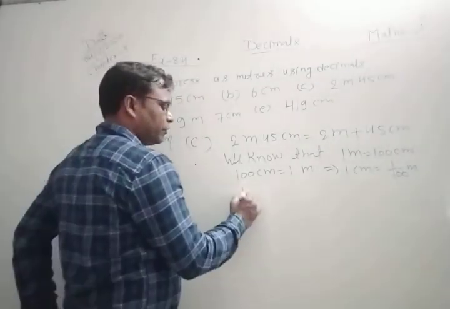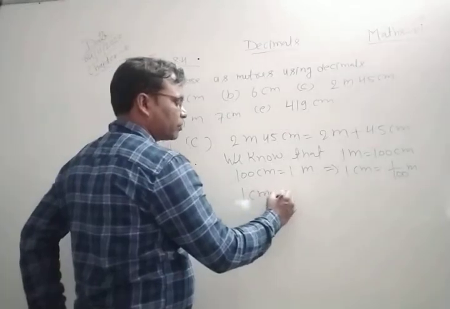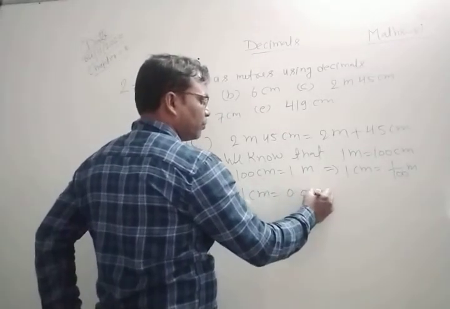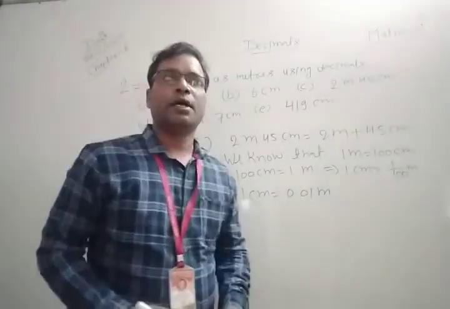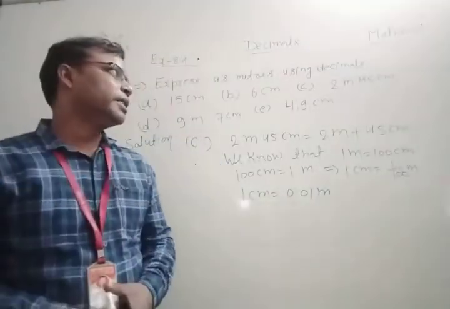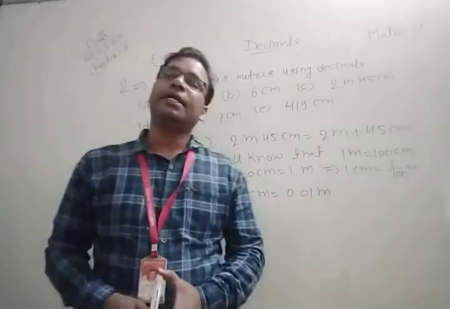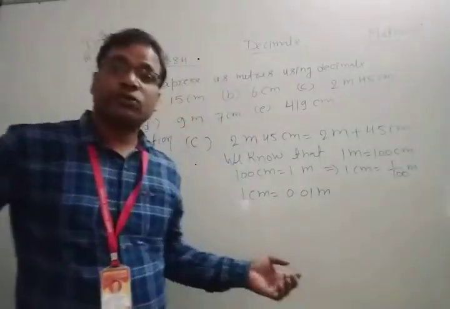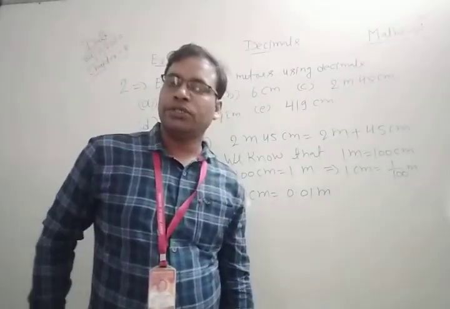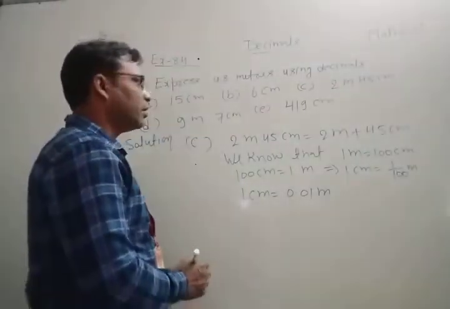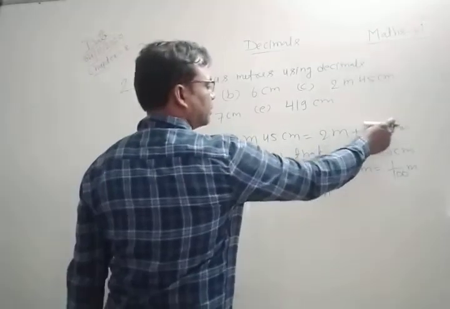Okay? So we can write here 1 centimeter is equal to 0.01 meter. This is a relation between meter and centimeter in the presence of decimals. So we have 45 centimeter.